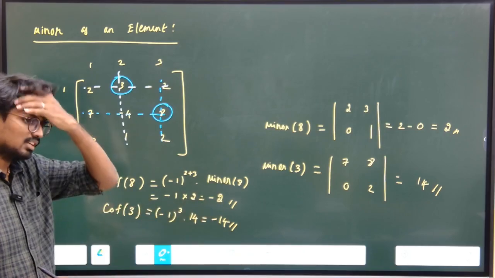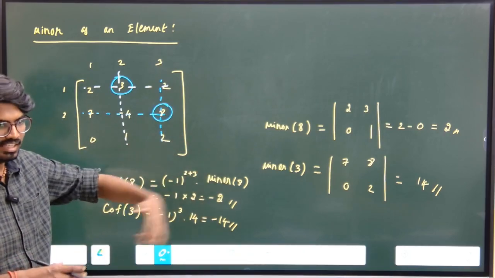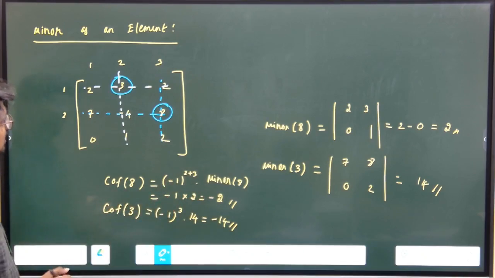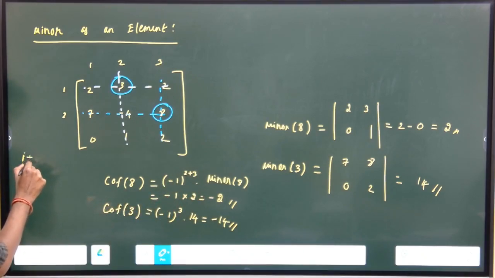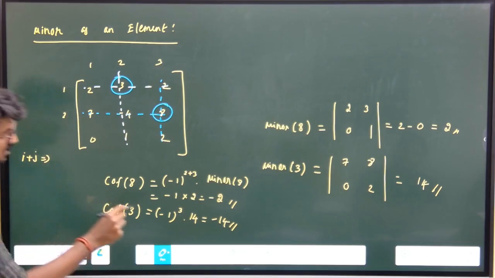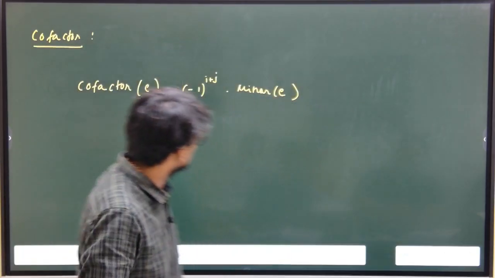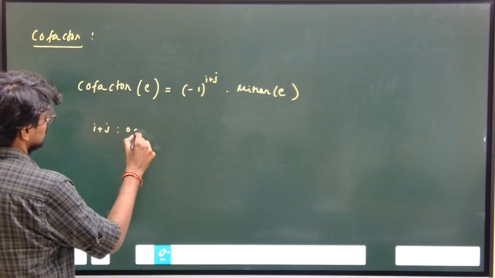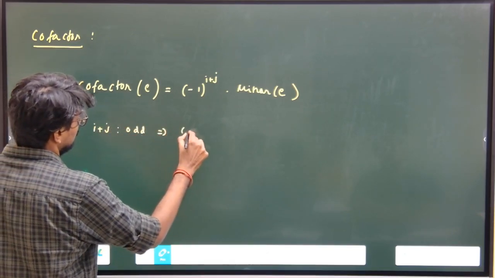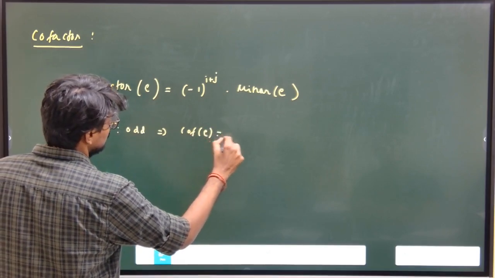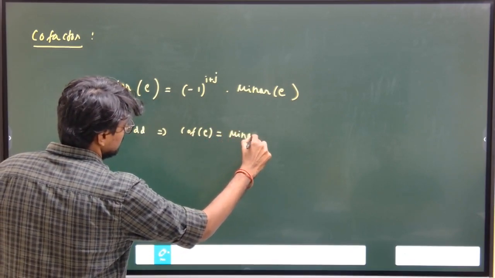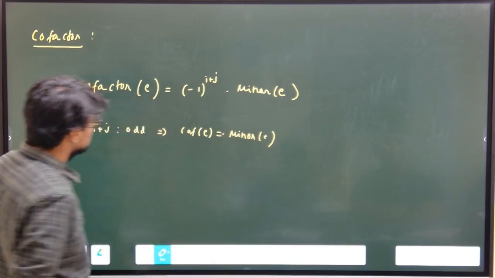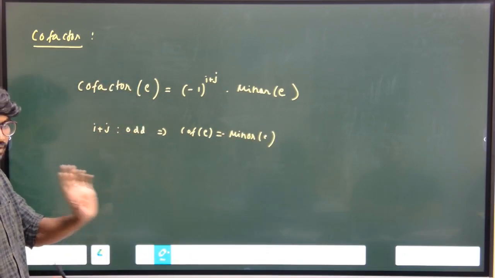When the summation of i plus j is even, then cofactor and minor will be the same.